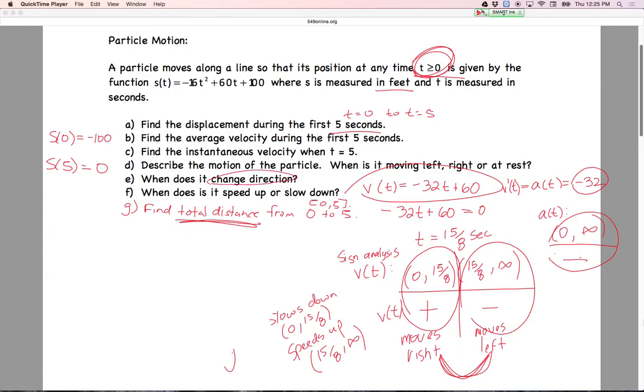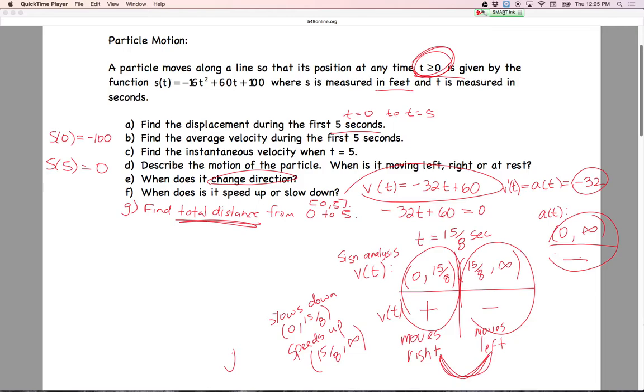So you're going to have to say, all right, from 0 to 5, does it ever change direction? What you're going to have to do is calculate the displacement from here to here, and then calculate the displacement from here to here. But here's the problem. One of these displacements is going to be negative. So how are you going to make it distance? Absolute value. That's what you did in geometry. I don't know if you remember that, but anytime you wanted to find distance, you took the absolute value of it.